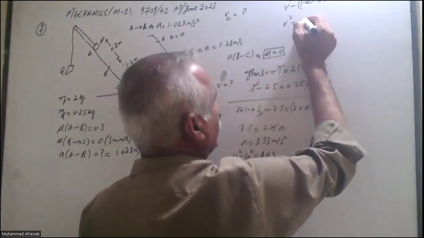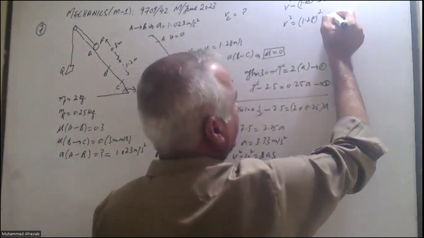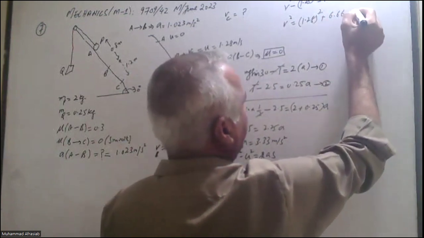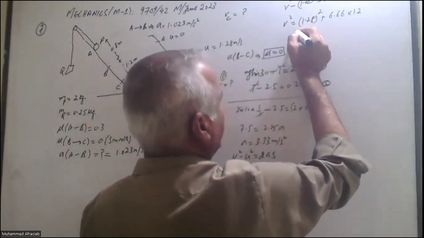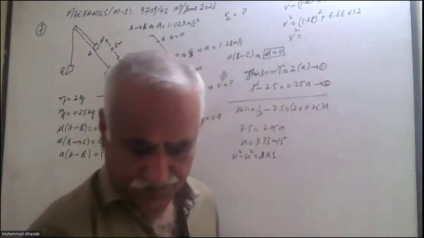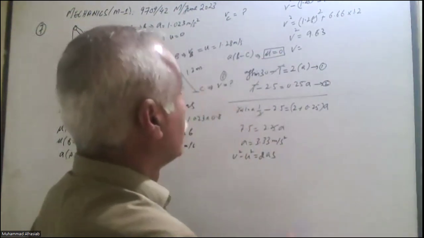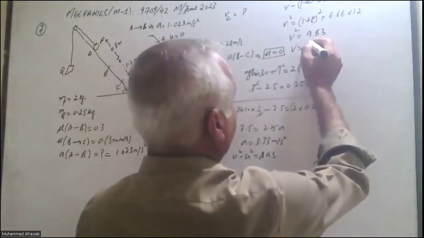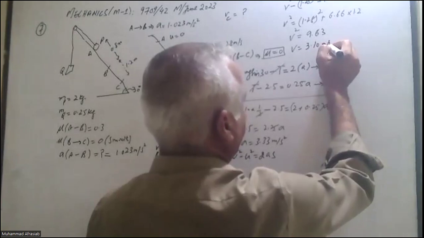So v square is equal to 1.28 whole square plus 6.66 into 1.2, or v square is equal to 9.63, or v is equal to 3.10 meters per second.